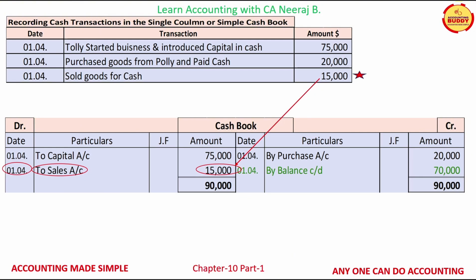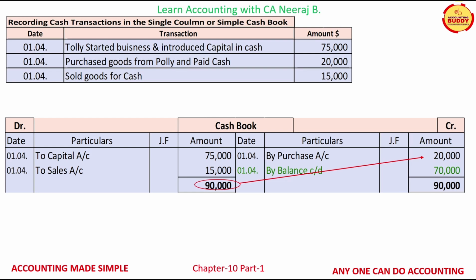Now let us do the balancing of cash account for 1st of April. Since cash account will always have a debit balance, let us first do the totaling of the left hand debit side transactions of the cash account, which in our case comes to $90,000. Then from the total of left hand debit side, deduct the total value of all the transactions on the right hand credit side of the cash account.